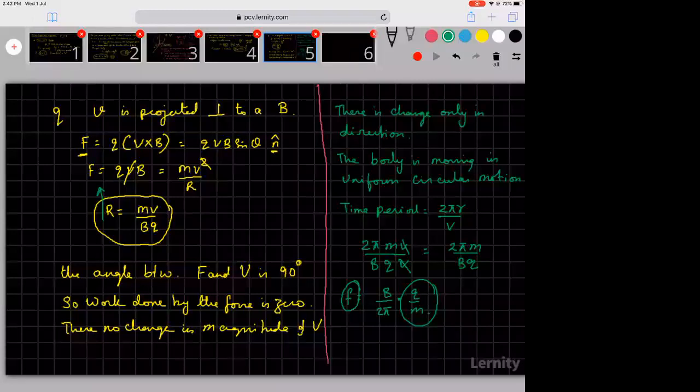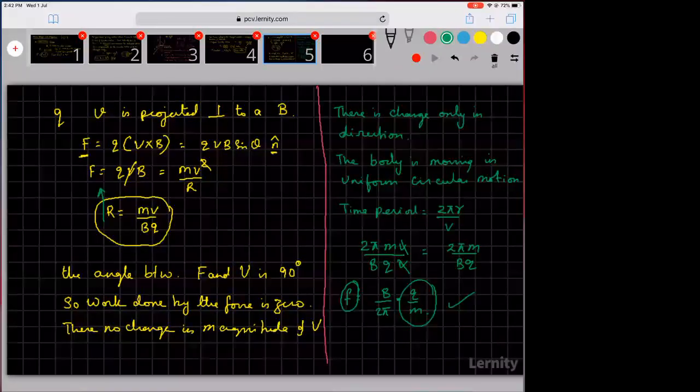So this is what I was telling, that the early scientists were able to tell you the q by m ratio of those small charged particles, but they were not able to give you the actual charge and actual mass. It took some time for them to find out. Now, are you able to understand this? I'll be back in a second.